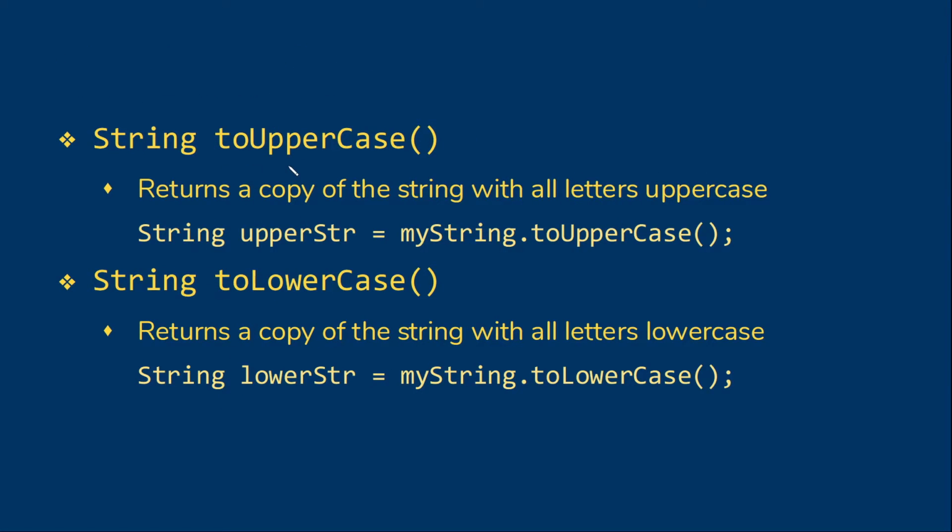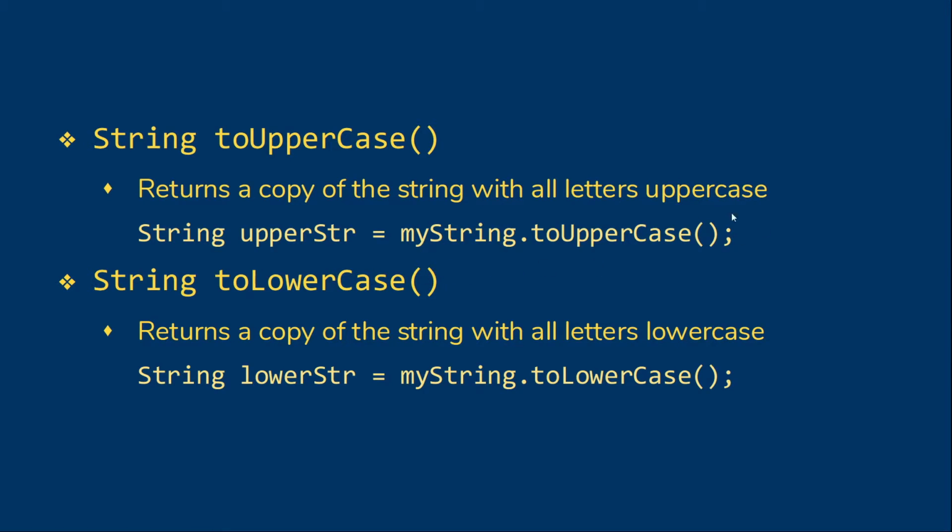And we have a couple that are nice if we need to deal with cases, which we sometimes do, when we need to get things all in uppercase or all in lowercase. So toUpperCase returns a string. Now this is a copy of the string. Remember, we can't modify the original string. So the methods that do modifications to the values of the string return a new string with those new values. This is a copy of the string that has all of the letters uppercase.